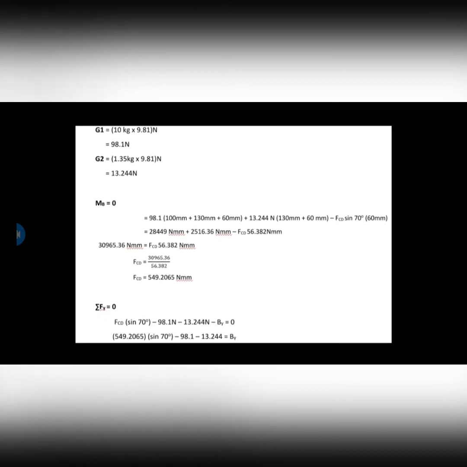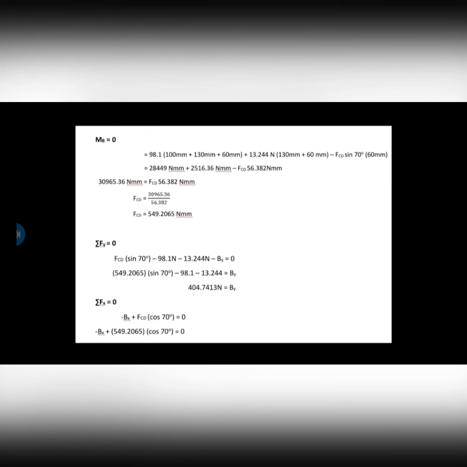Next, the calculation for weight 10 kilogram. For G1 I get 98.1 Newton, and for G2 I get 13.244 Newton. To find FCD, we use MB equal to 0. FCD I get 549.2065 Newton millimeter.